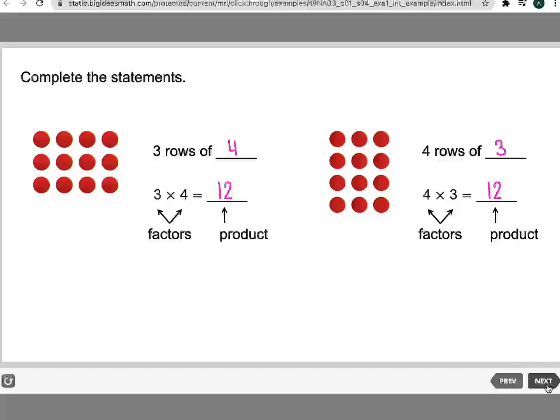The commutative property says that if we change the order of factors, we have the same product. So changing the order of the factors does not change the product. So 3 times 4 equals 4 times what number? Can anyone tell me?